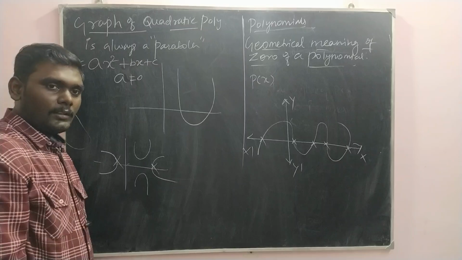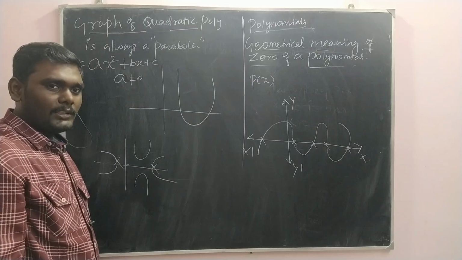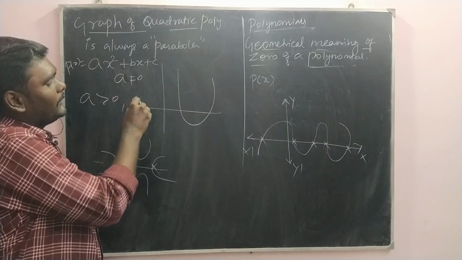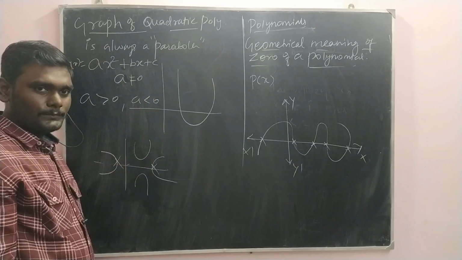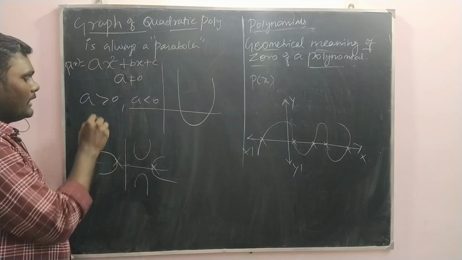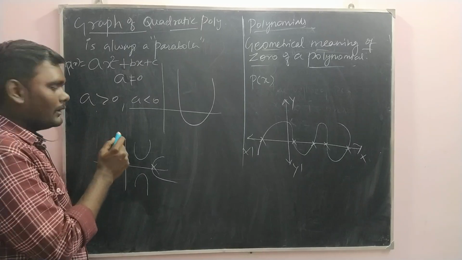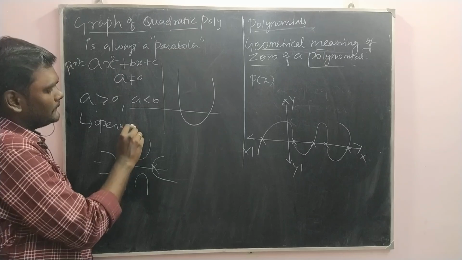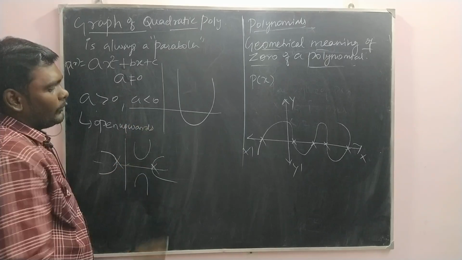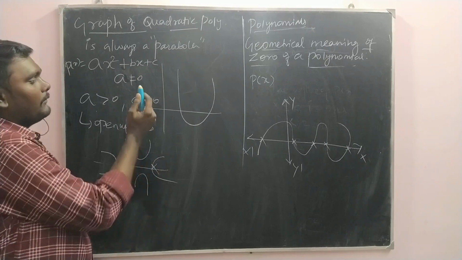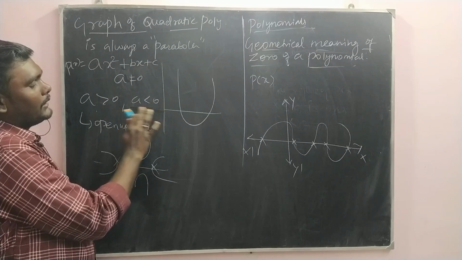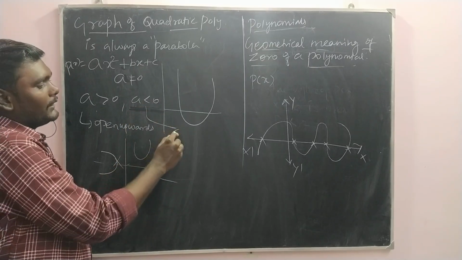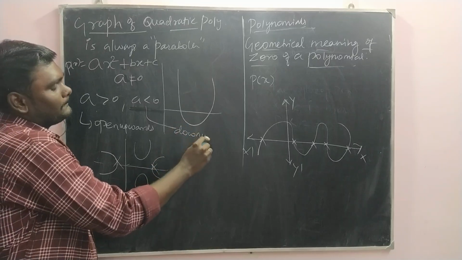So when a is not equal to 0, there are 2 possibilities: either a is greater than 0 or a is less than 0. Whenever a is positive, the parabola opens upwards. Whenever the value of a, the leading coefficient, is less than 0, then it opens downwards.